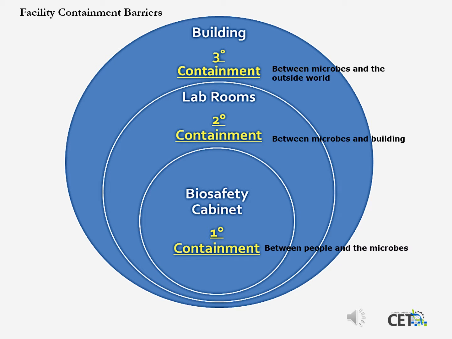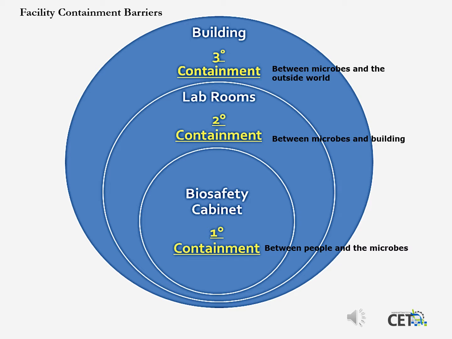So if we look at this diagram of concentric circles, primary containment is down at the bottom. Primary containment is the type of containment designed to keep the scientist and the microbes separate from the rest of the room. An example of that would be the biosafety cabinet. All the work done in these labs is done in a biosafety cabinet.